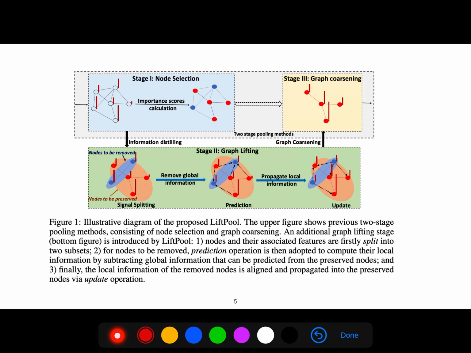For nodes to be removed, a prediction operation is then adopted to compute their local information by subtracting global information that can be predicted from the preserved nodes. And finally, the local information of the removed nodes is aligned and propagated into preserved nodes via an update operation. So here we remove global information and then we propagate the local information.